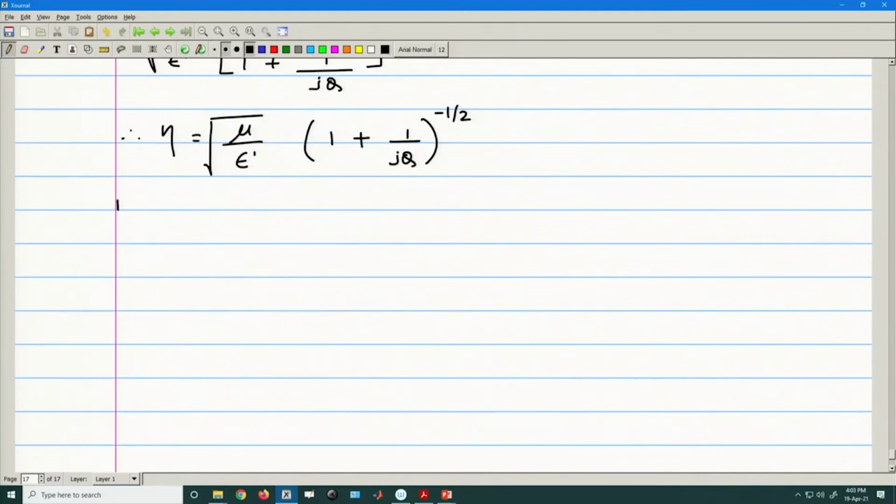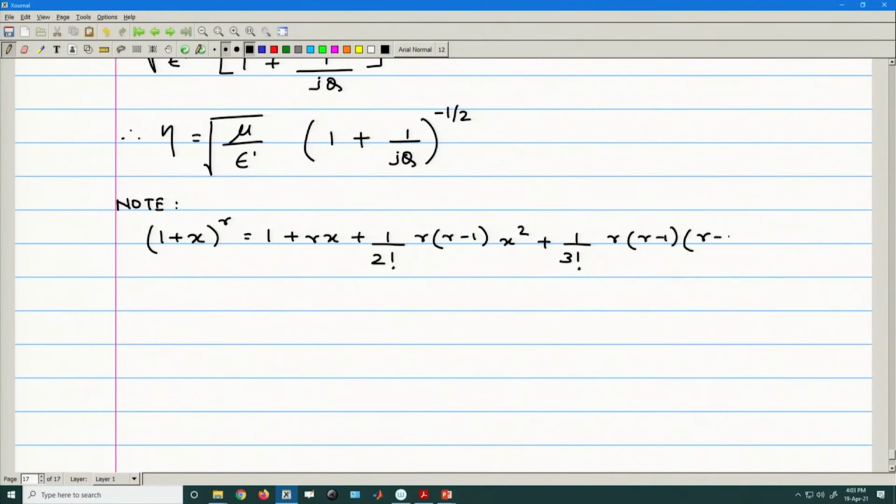So we know, just as a note, for expanding it is in the form of 1 plus x to the power r, that can be expanded as 1 plus r x plus 1 by 2 factorial r multiplied by r minus 1 x square plus 1 upon 3 factorial r minus 1 r minus 2 x cube plus dot dot.